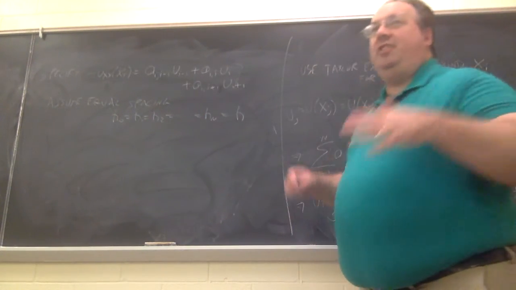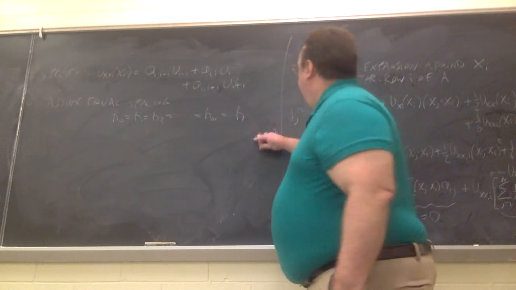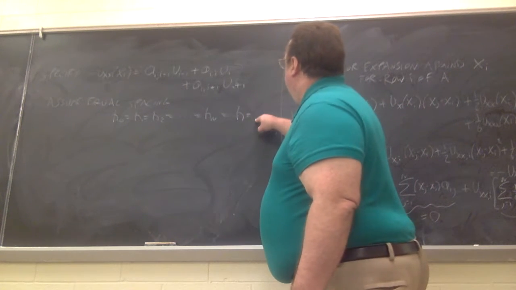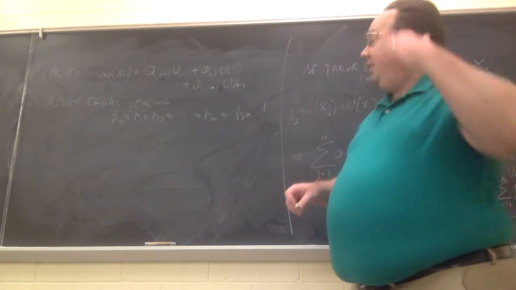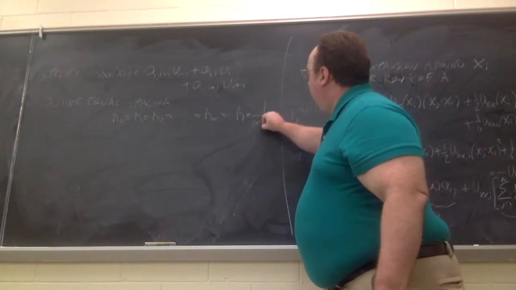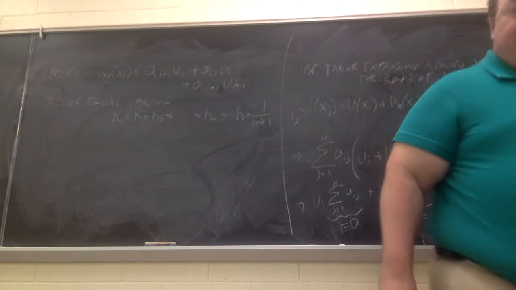This will be important when you eventually do stuff in MATLAB. It's going to be the length of the interval, which is 1, because we're operating on interval 0 to 1, over n plus 1.